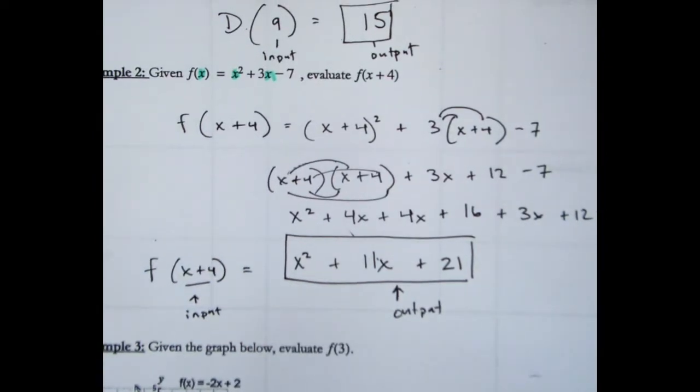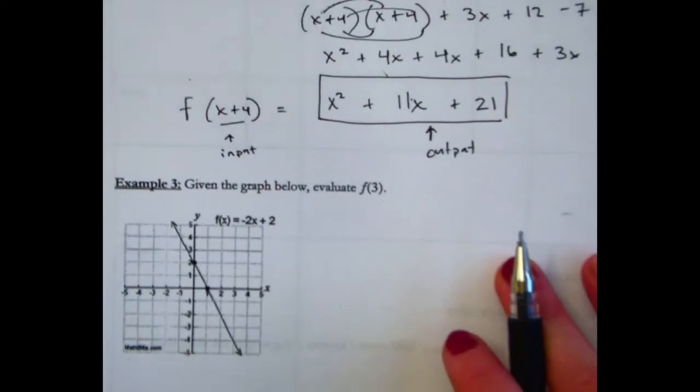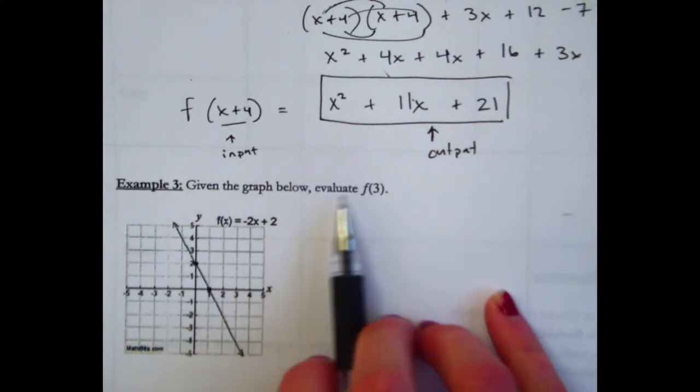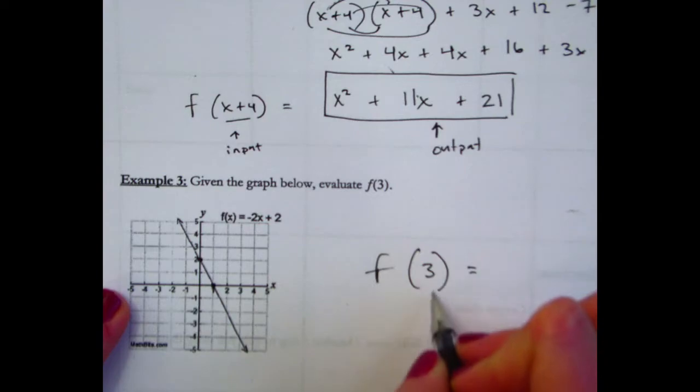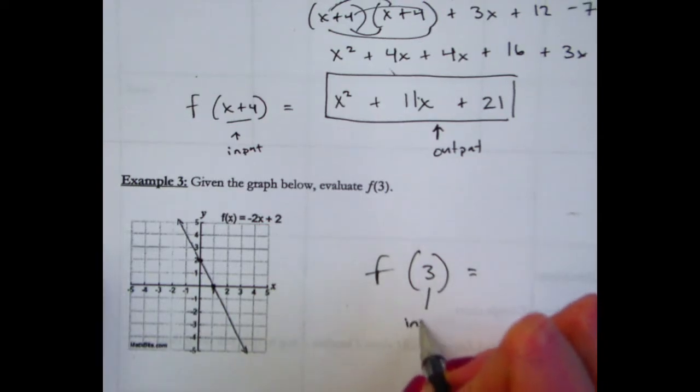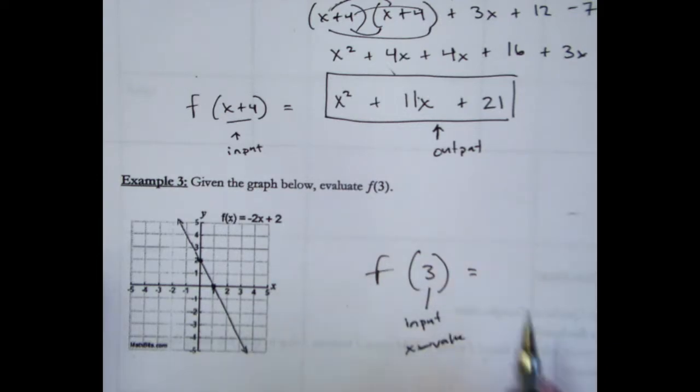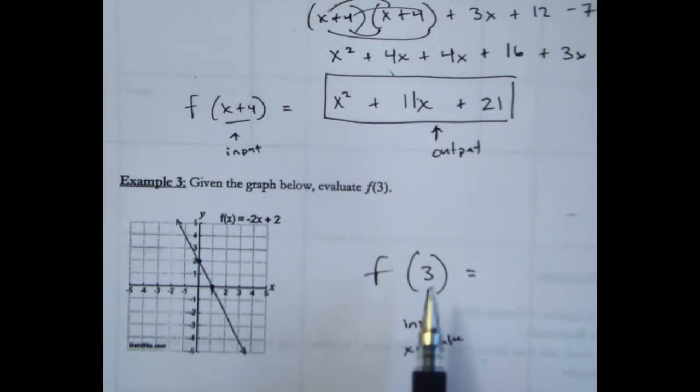Okay, and the very last representation you might be asked to do this for is a graph. So given the graph below, evaluate f of 3. The same rule follows. Whatever is inside the parentheses is our input or our x value. So what this expression is asking us is when the input is equal to 3, or the x value is equal to 3, what is the corresponding output or y value?